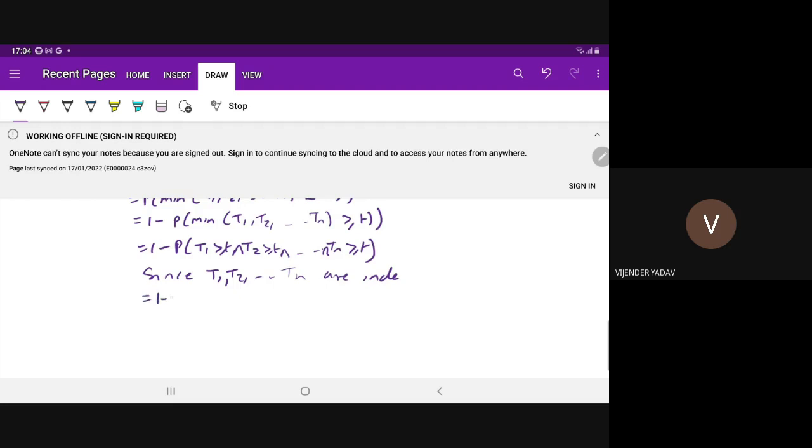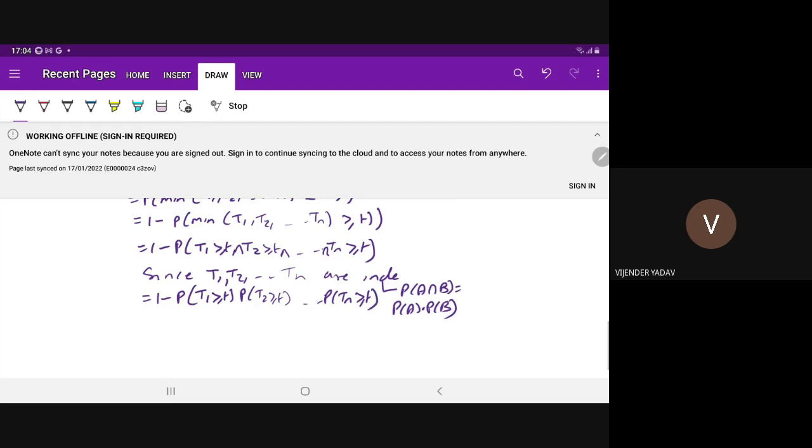this will become 1 minus the probability of, we know that if events are independent, then the probability of A intersection B is equal to P(A) times P(B). Using the same theory, we have P of T1 greater than or equal to t, P of T2 greater than or equal to t, and P of Tn greater than or equal to t.